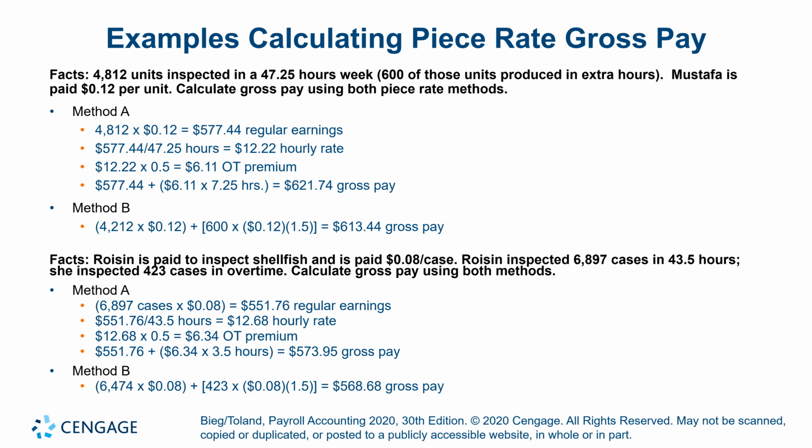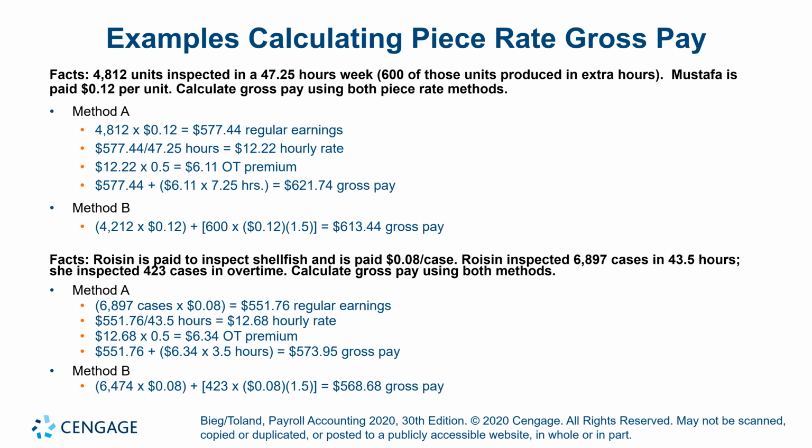So it says 4,812 units inspected in a 47.25 hour week. 600 of those units produced in extra hours. Mustafa is paid 12 cents per unit. Calculate gross pay using both piece rate methods.